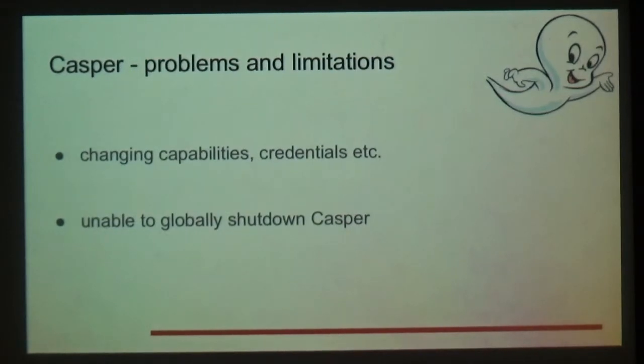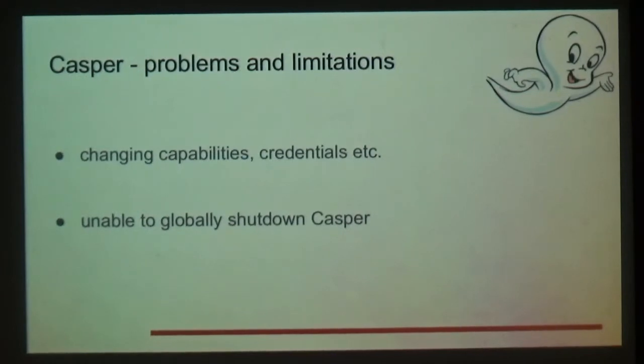But unfortunately, we still have some problems with Casper. For example, if we create the Casper and then we start to change some capabilities, or we change the directory of our process, it won't be inherited by the Casper service, because we don't have such an API.